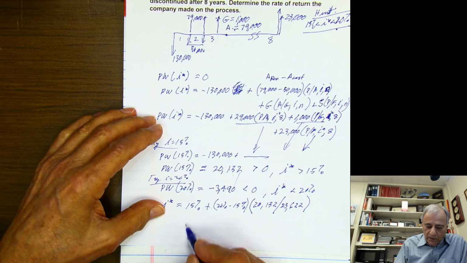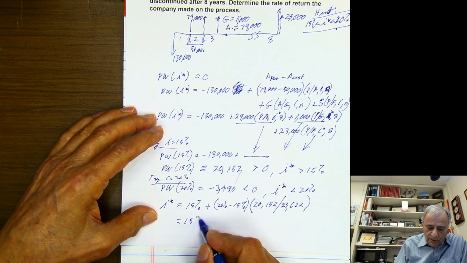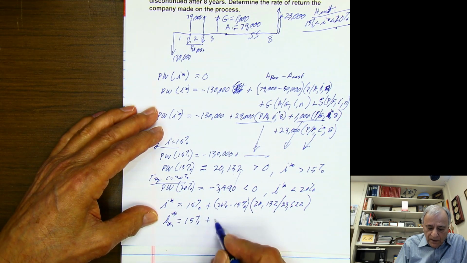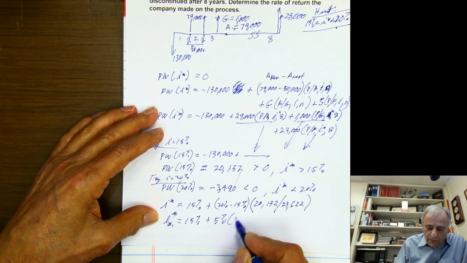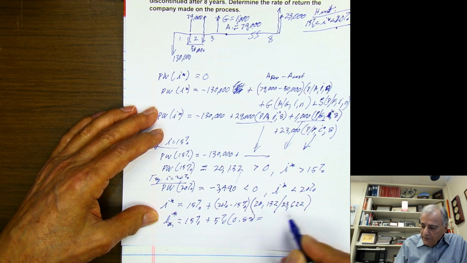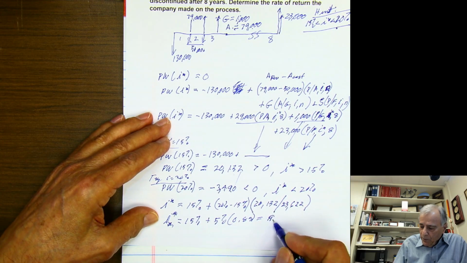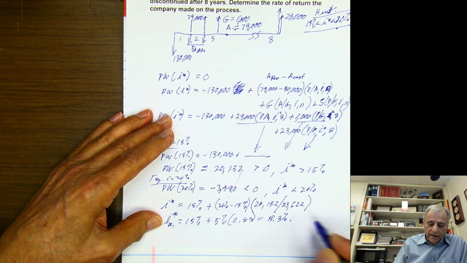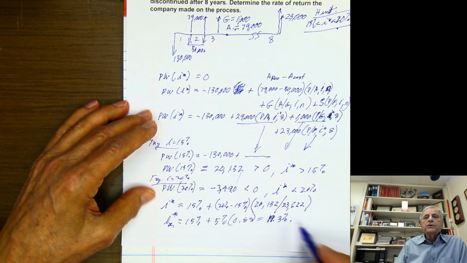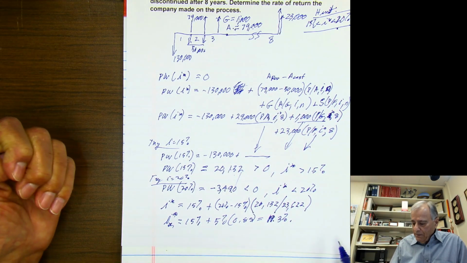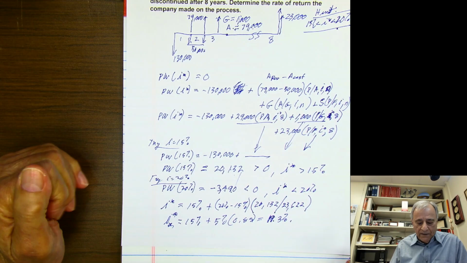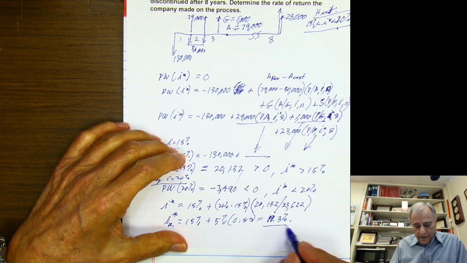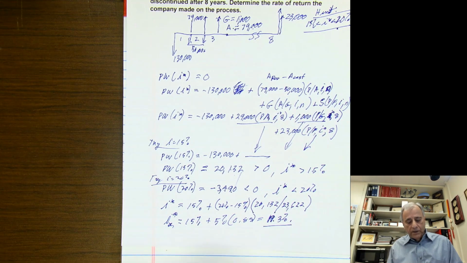So I star equals 15% plus 5% times 0.85, and that gives you 19.3%. If you actually solve this using Excel, you'll get 19.2% or 19.17, and so it's very close, and that's the answer. That's the rate of return.